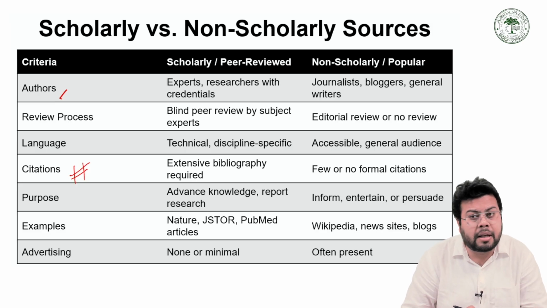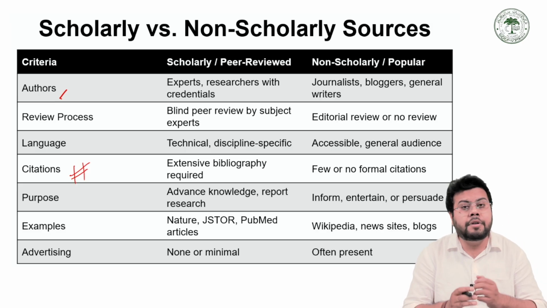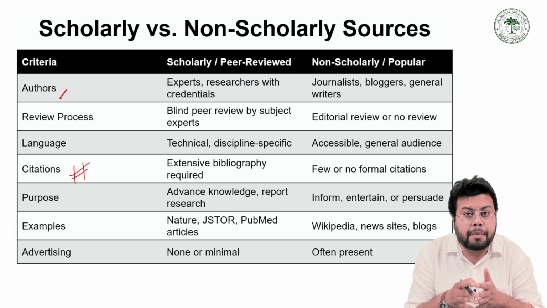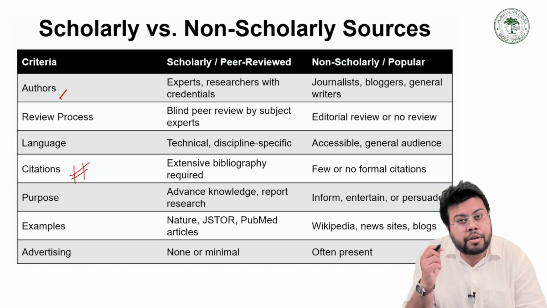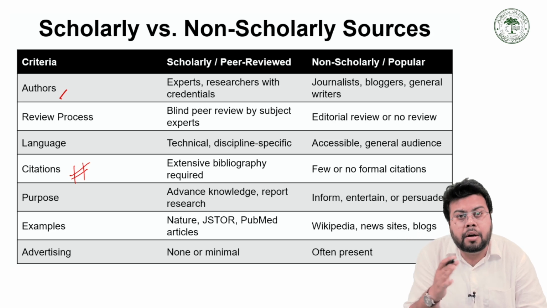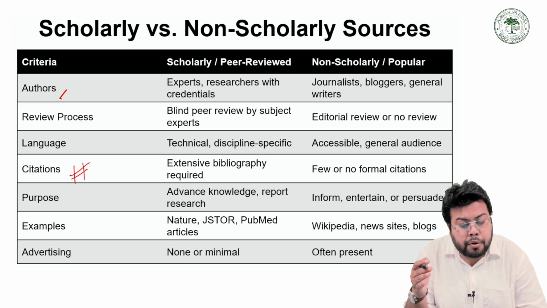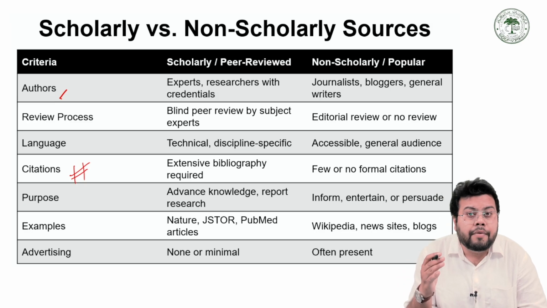One must have noticed that after any research paper, we have a number of references, because that shows how enriched your work is. And when you go through a number of works, only then will you be able to figure out the research gaps. That's why people use extensive bibliographies in scholarly or peer-reviewed journals.